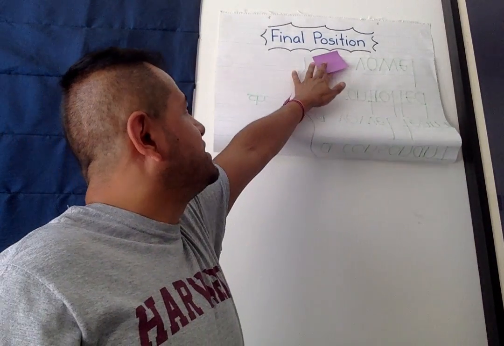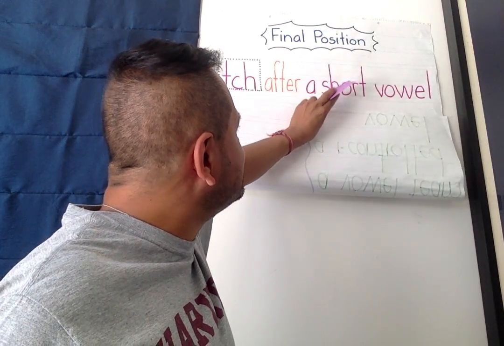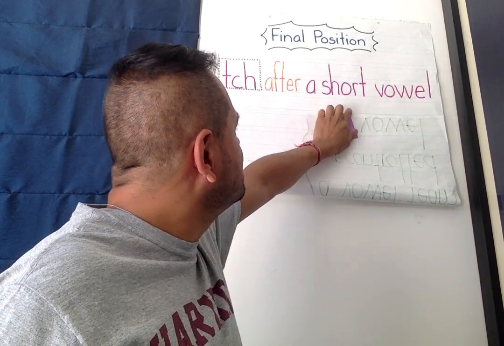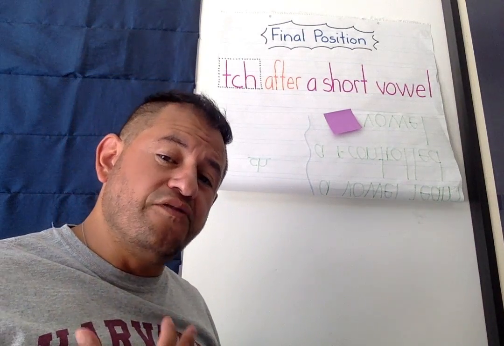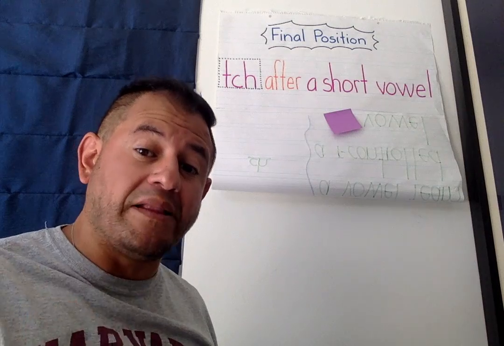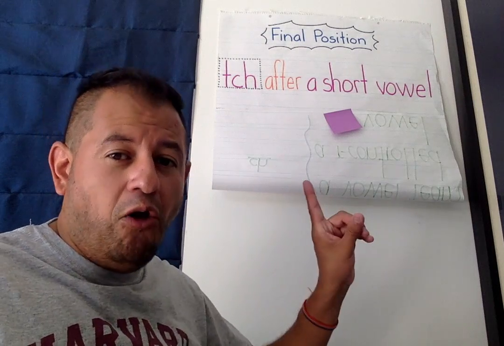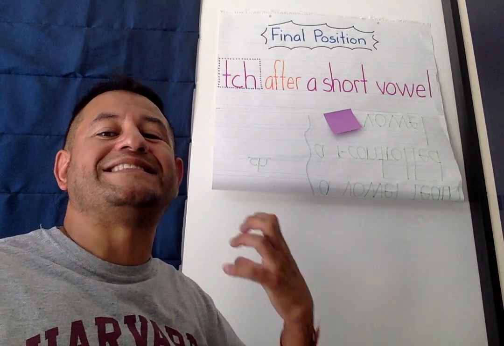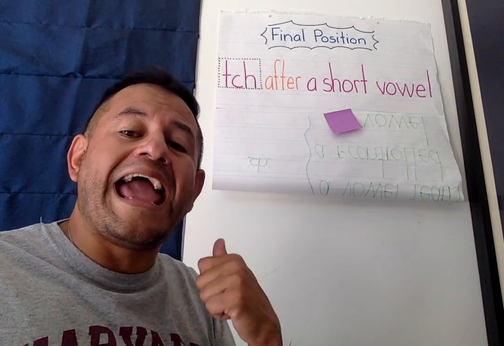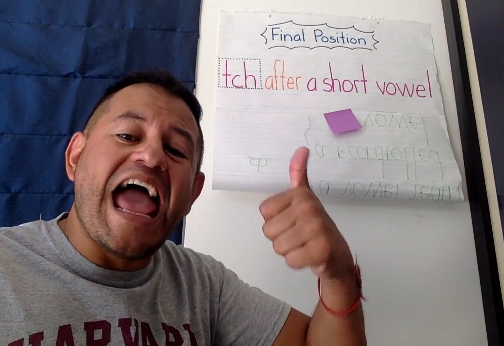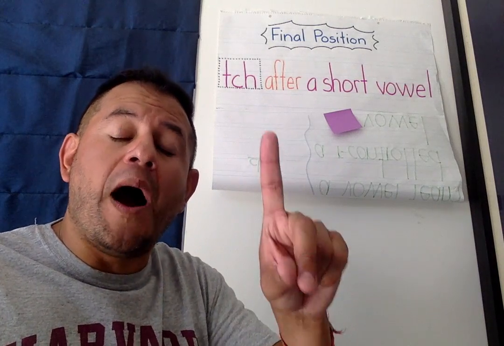So our first final position is going to be where you have TCH. Okay? We put a TCH at the end of a word when we're spelling it, and also when we're reading it. Okay? When we're thinking about if the vowel before it has a short sound, a, apple, e, ed, i, itch, o, octopus, u, up.